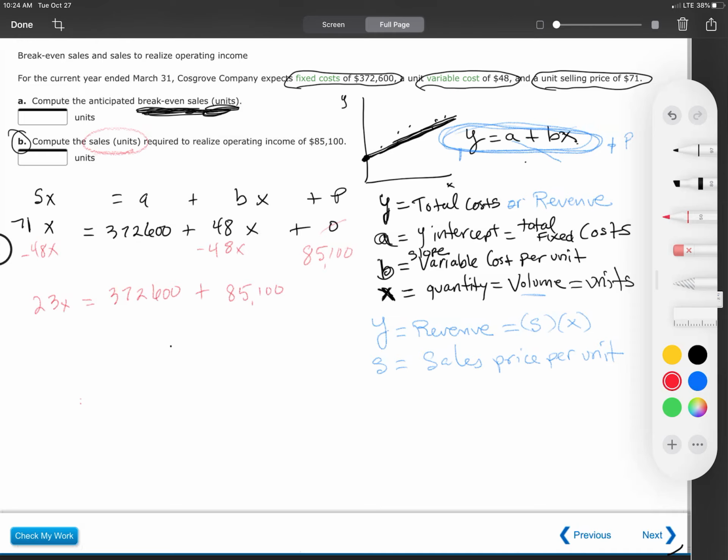So I can add these together and they come out to 457,700, and then divide both sides by 23, and that will give you x equals whatever it is. Okay, so that's a review of your algebra.